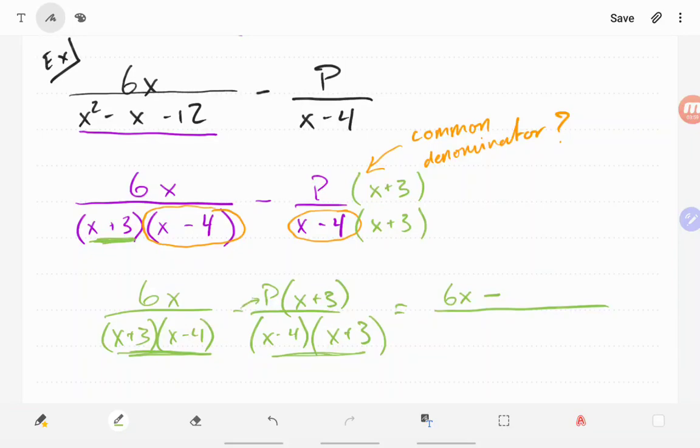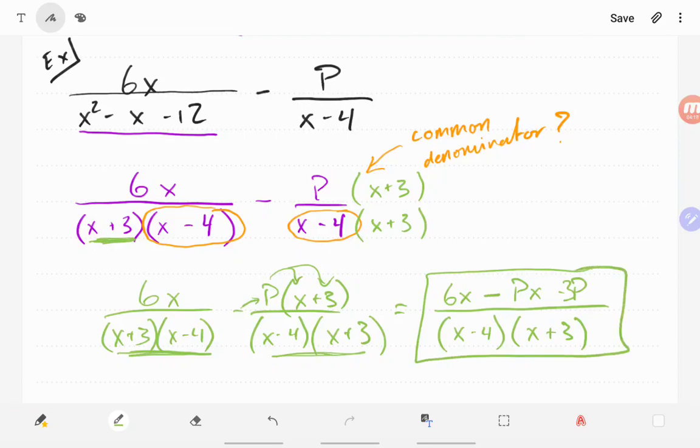This is minus what's going on here. So I'm going to distribute that negative p throughout. That gives me minus px minus 3p, all over x minus 4, x plus 3. Right, so we found the common denominator, and then we were able to add those numerators together.